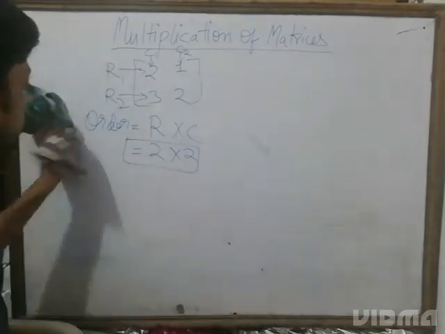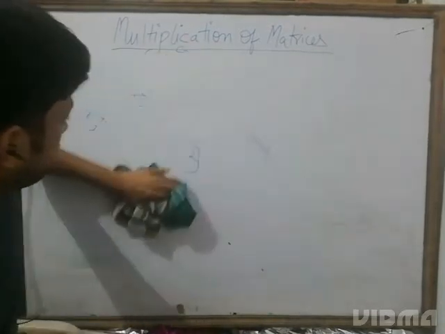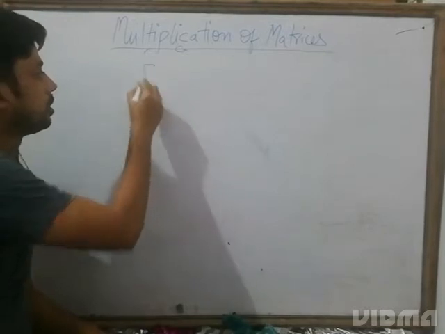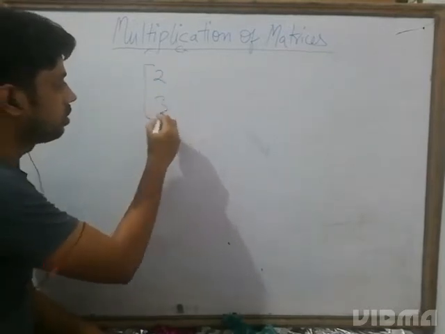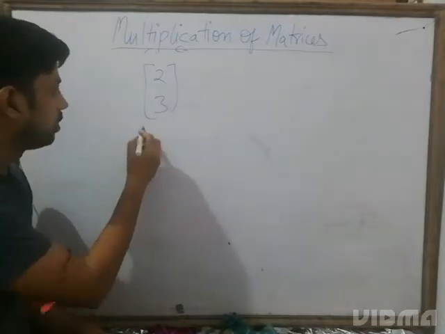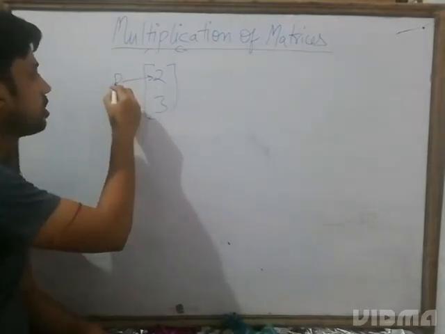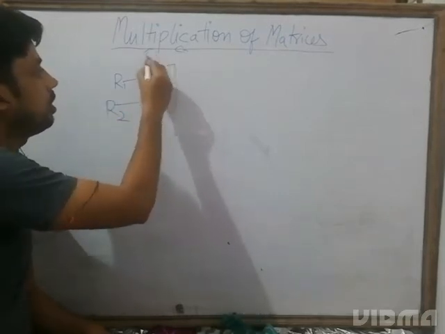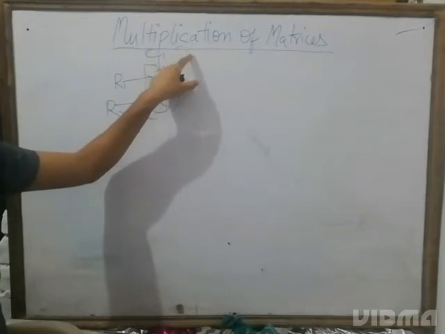Okay, some other example of the order of matrices. Suppose I have written over here 2, 3. So what is its order? How many rows? Row 1 and second row. Column, only C1. How many columns are there?